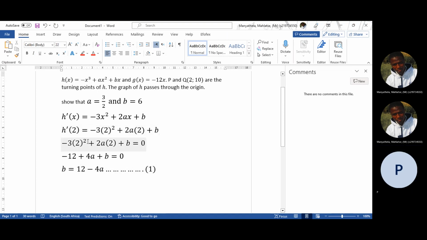Because after getting the value of x from the derivative, when you calculate the coordinates of the turning points of a cubic graph, you derive the function, equate it to 0, find the value of x, and after getting that value of x, you plug it into the original to find its corresponding y value.